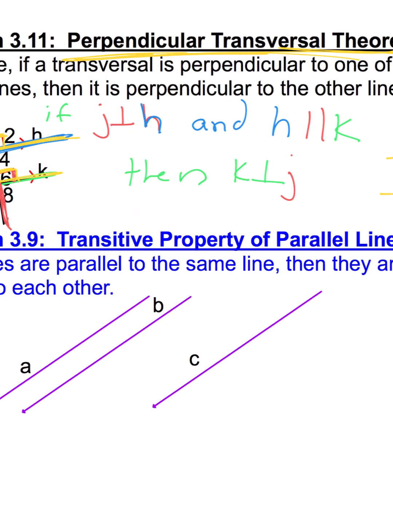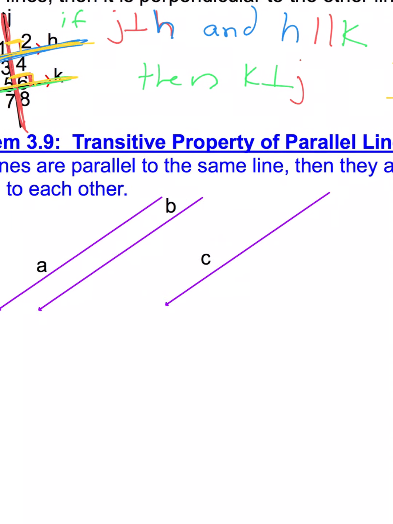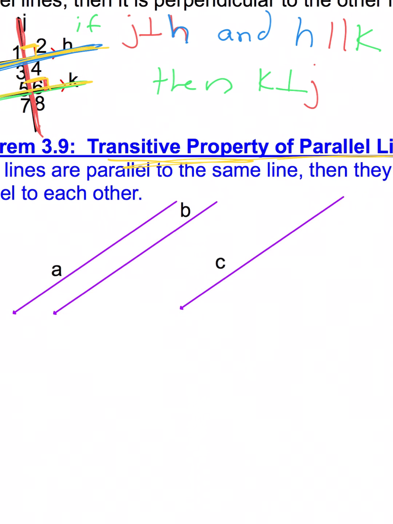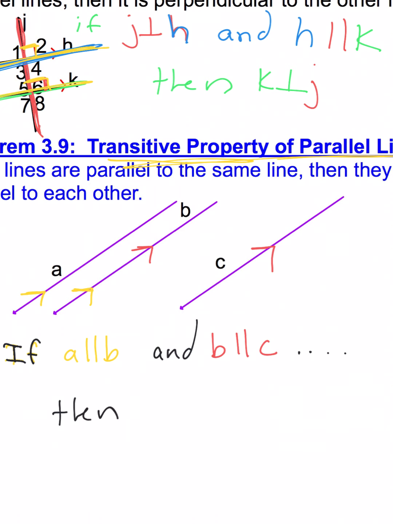Okay, so then that brings us to our last property here. It's called the transitive property of parallel lines. So it says if two lines are parallel to the same line, then they're parallel to each other. So let's say, for example, line A is parallel to line B. Okay, and let's say that line B is parallel to C. If we're using the transitive property, what is repeated amongst each of these?